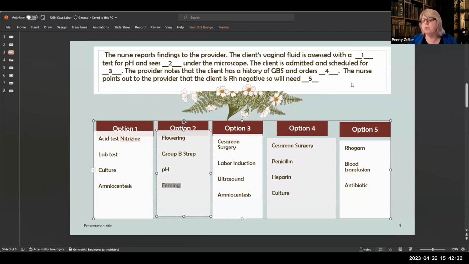Right after a baby's born, we do collect cord blood and test it for a lot of things. But one of the tests is what kind of blood the baby has. If the baby's negative, like mom is, then we don't have to give her Rhogam. But if the baby has an Rh antigen attached to her red blood cells, then we do need to give her Rhogam. Okay.